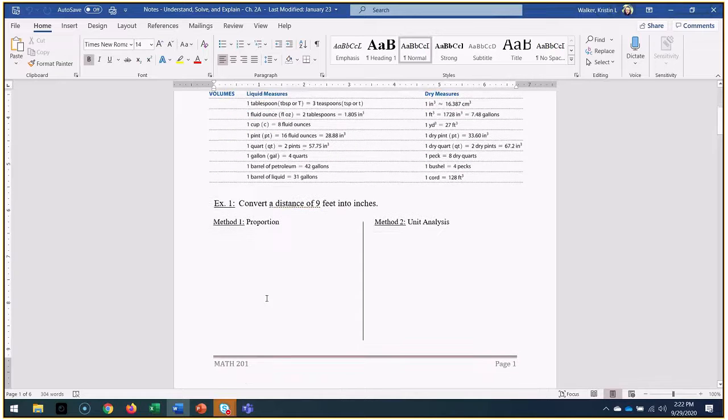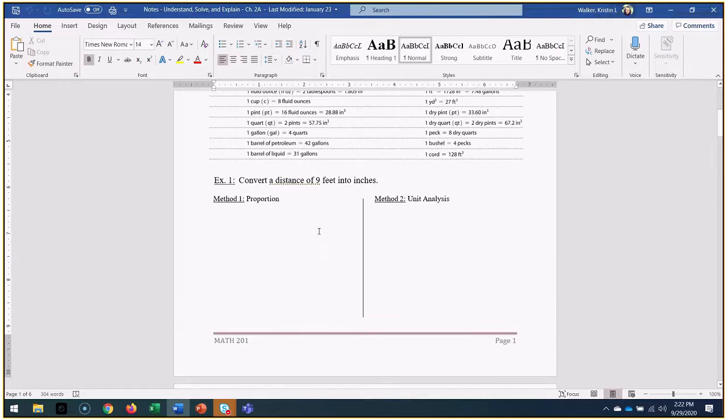Okay, but here is the first thing we're going to start with. We're going to convert the distance of 9 feet to inches. Now, while I'm getting this all set up, let me just say I already know that most of you, if not all of you, can do this conversion without me showing you either of these methods, because feet and inches is something that's usually familiar to most people.